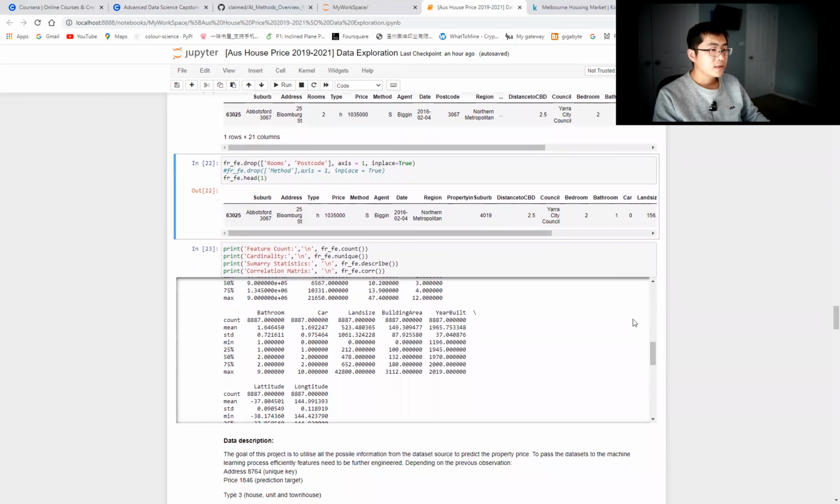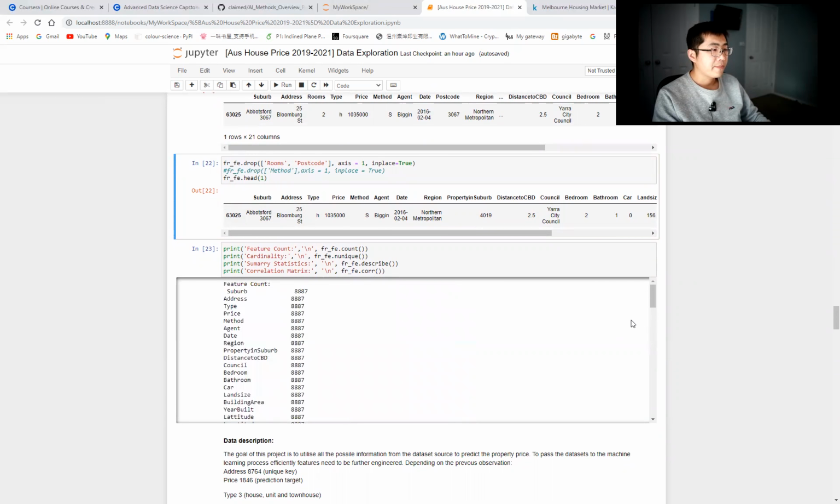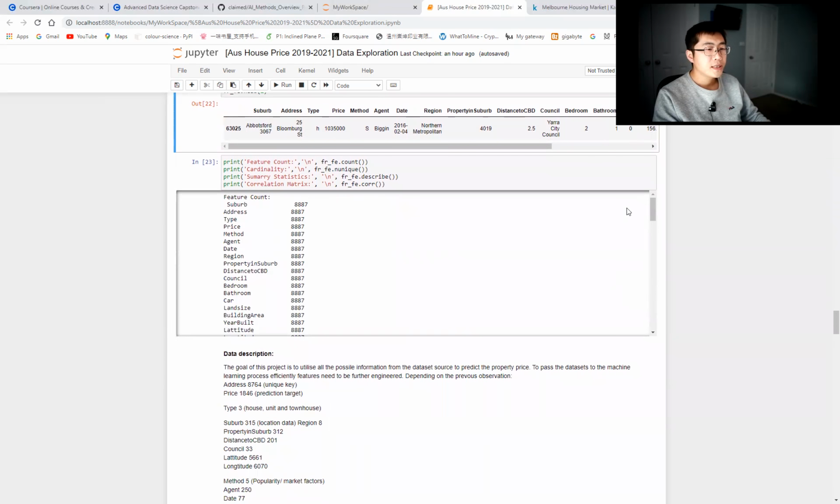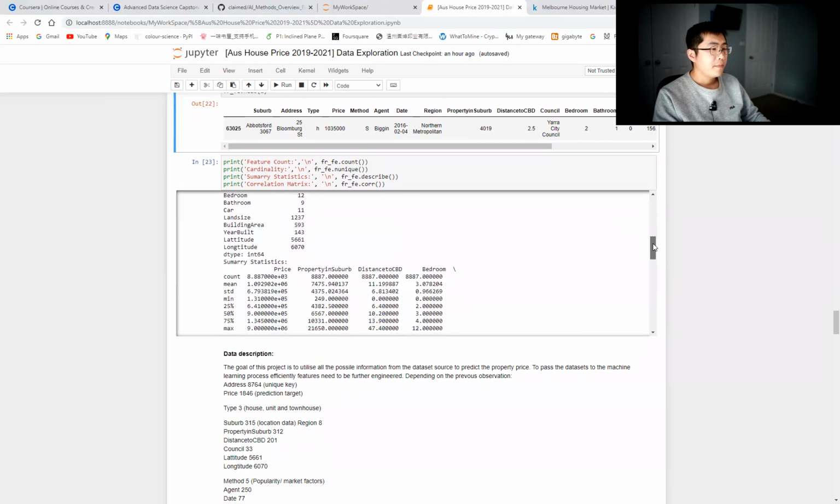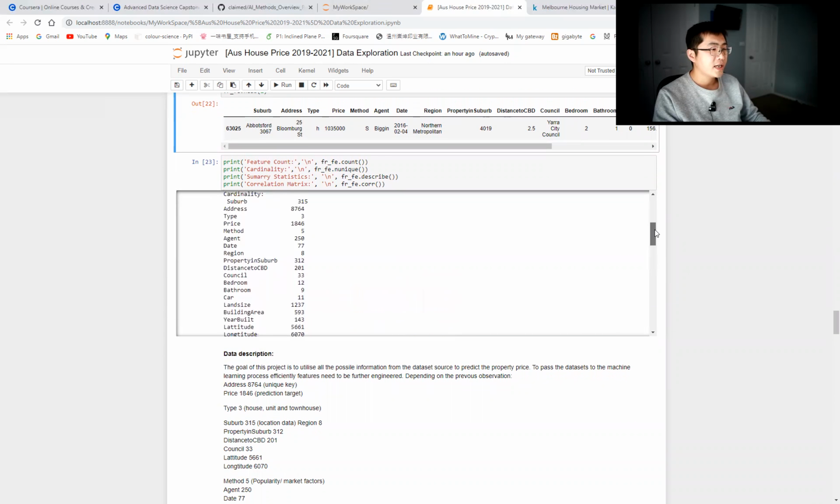We were able to make some more counts of the features. We're starting to see changes compared to before. We have some cardinality checks. We see some information such as the suburb, there were 315, but for the region, there are 8 regions, and their bedroom distribution, they are all different at different sizes.